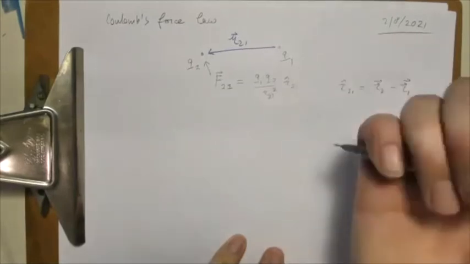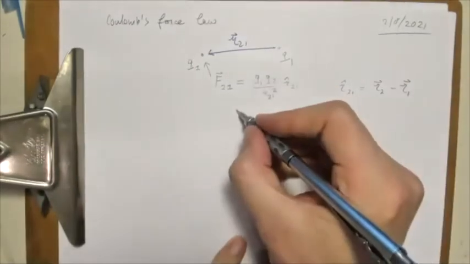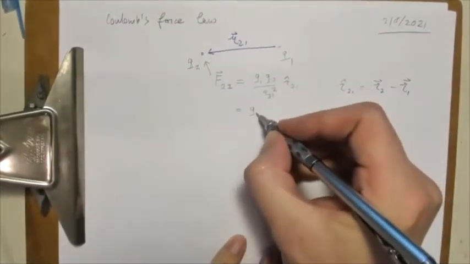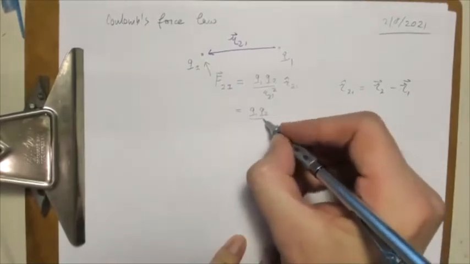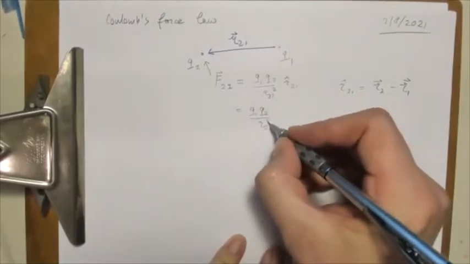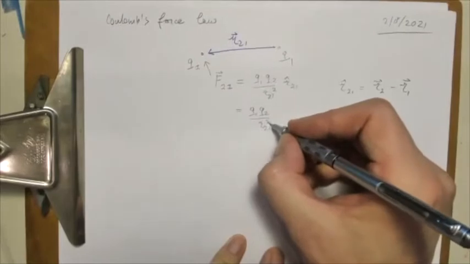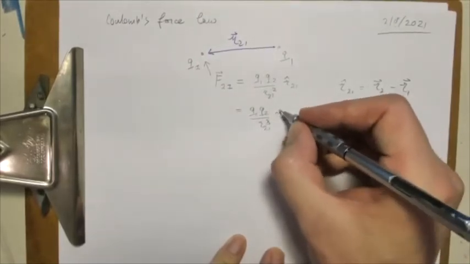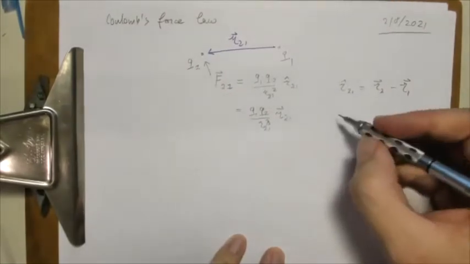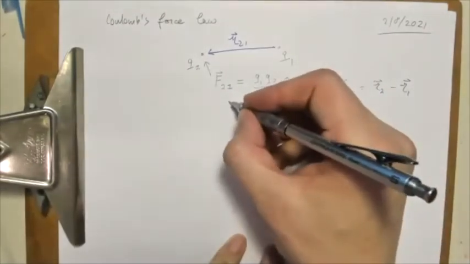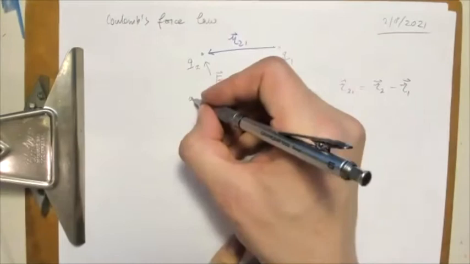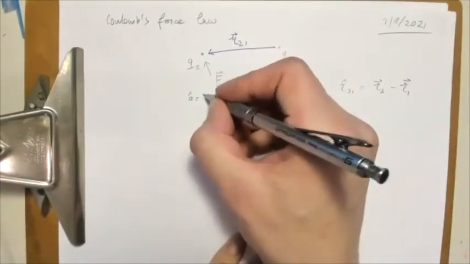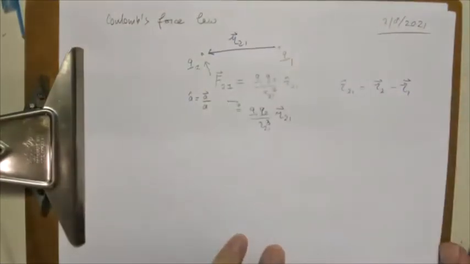As per usual, using the unit vector notation, sometimes it's useful to write this as R21 cubed, the entire point, R21 vector, right? Because we know that for any vector, a unit vector is the vector over its length. Okay, so that's all I did.